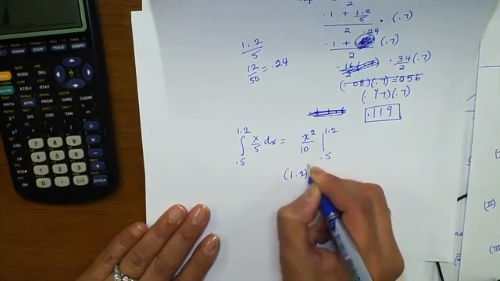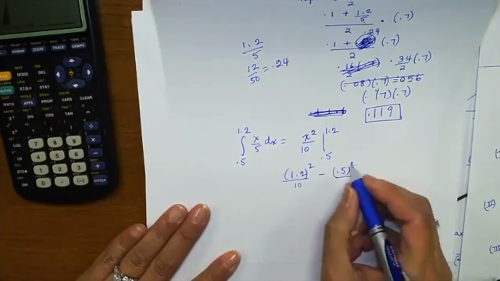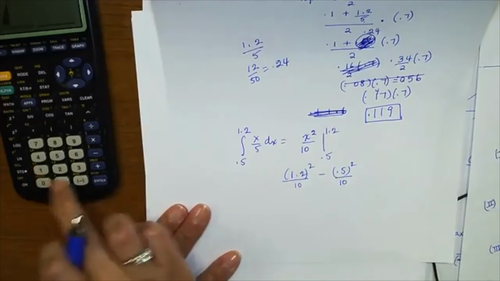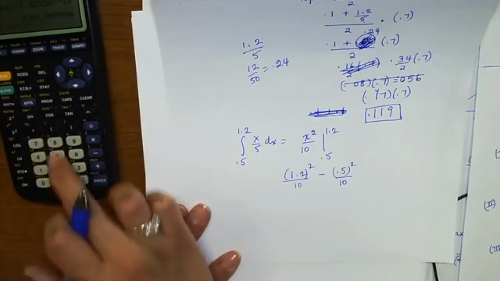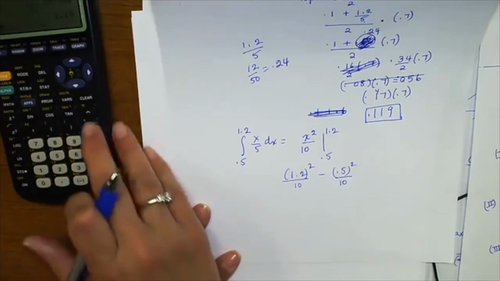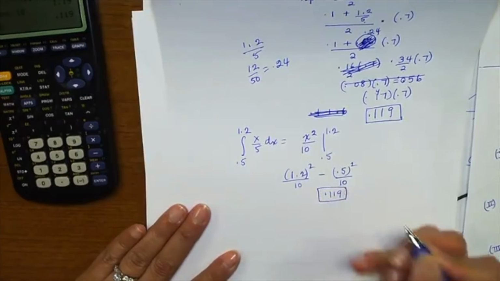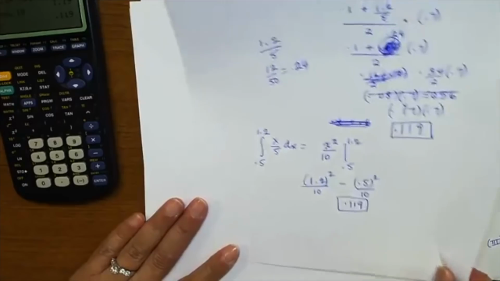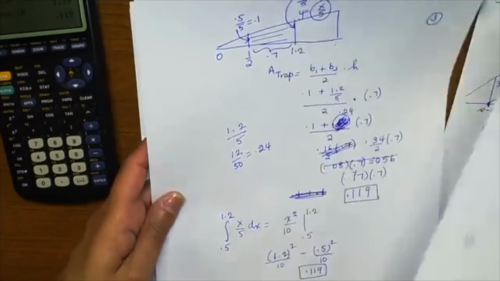So 1.2 squared minus 0.5 squared, divided by 10, is 0.119. You could do that too. So that's the first thing we started with. You should have at least one question like that.